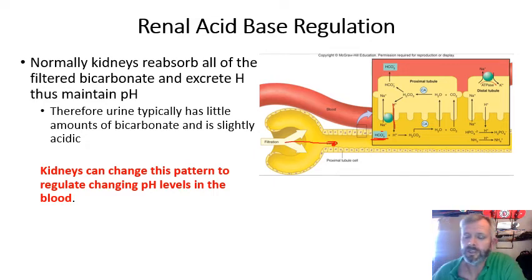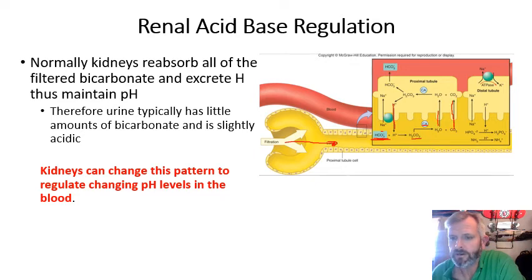Bicarbonate doesn't get reabsorbed as bicarbonate. There is CA, the carbonic anhydrase, and what does that do? This proton combines with the bicarbonate that's filtered to make carbonic acid, and now that carbonic acid is converted to water and CO2.